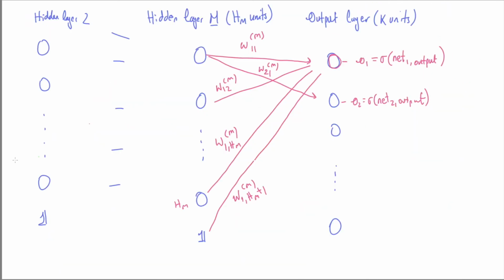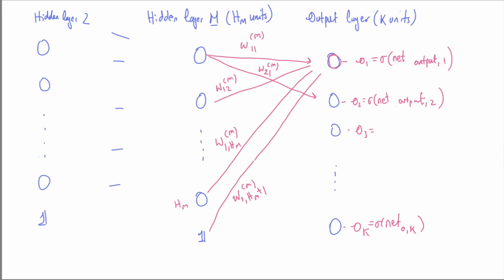Sorry, I think I've mixed these up. Okay, just for consistency, I want to keep it net output 1, net output 2, O3 is going to be sigma net output 3, and OK is going to be sigma net output K.